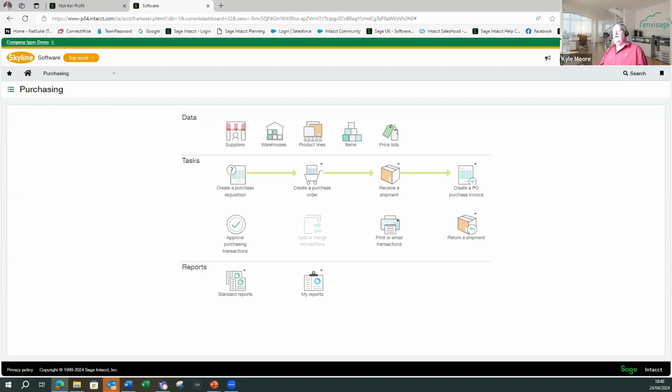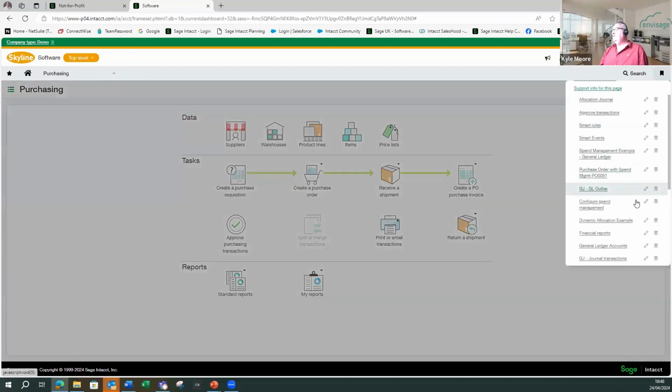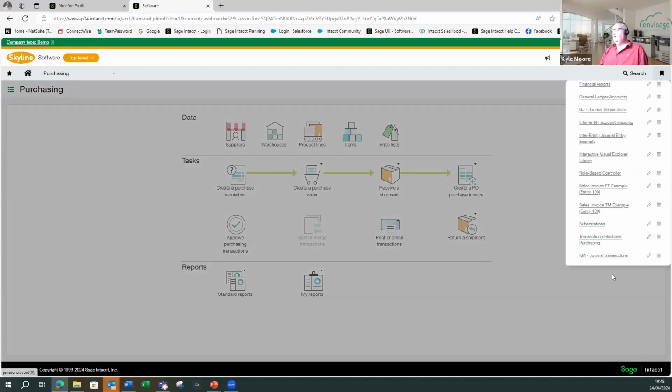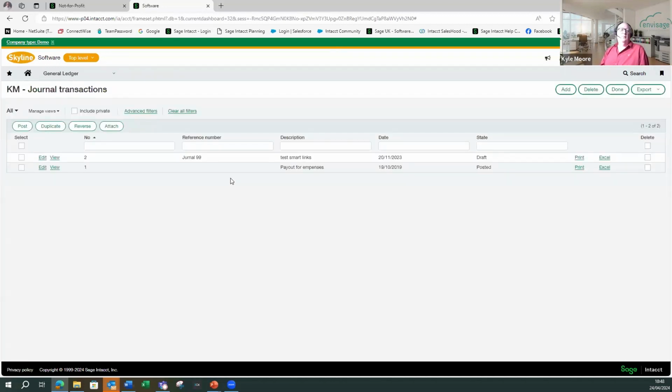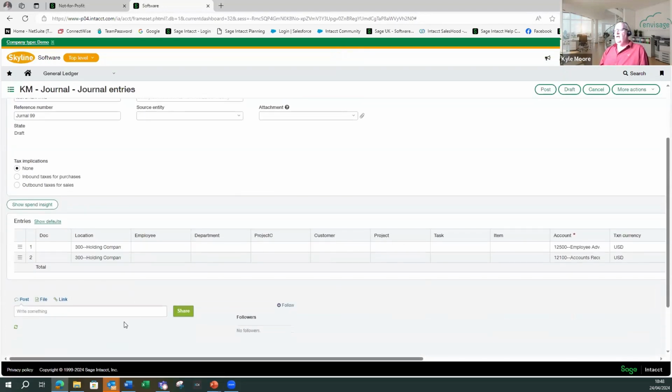Just finishing off then, we have a number of things called smart events, smart rules, and smart links. For instance, if I wanted to tailor my system to allow it to do things or not allow it to do things, I can set up what's called a smart rule. In this case, I have set up a rule for a holding company location.